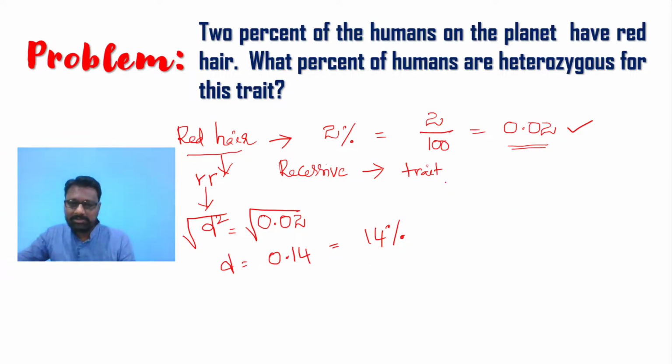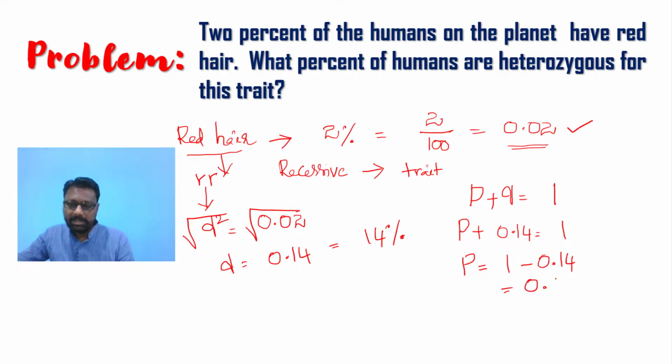Now, you always have the algebraic formula that p plus q is equal to 1. Now you have the q value, so p plus 0.14 is equal to 1. To find the p value, p is equal to 1 minus 0.14, which gives you a value of 0.86.